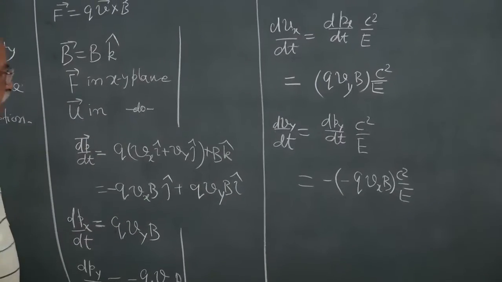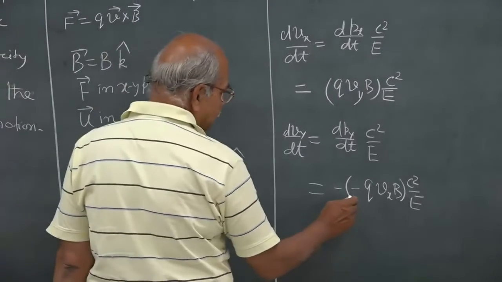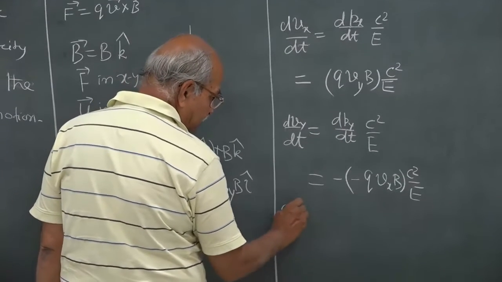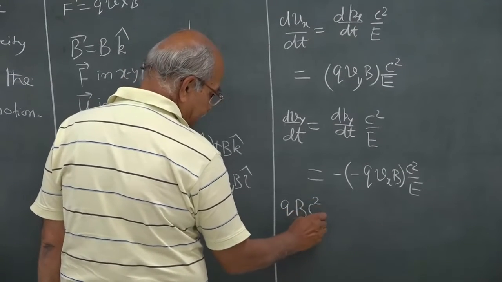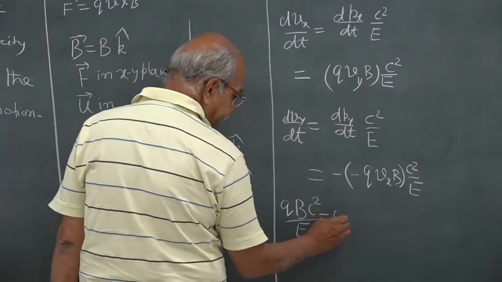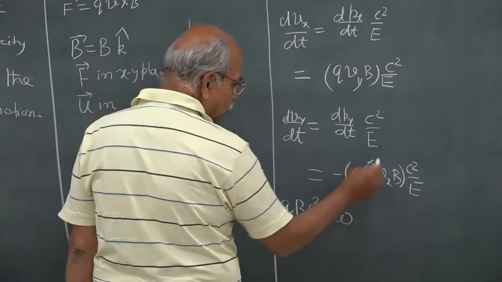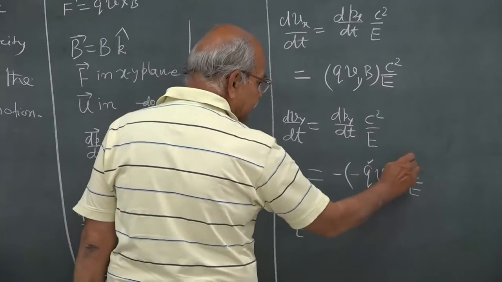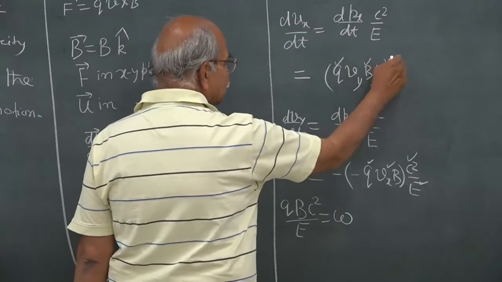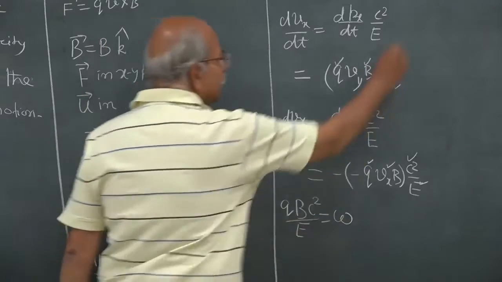So, now I have nice relations. I can write qBc²/E as omega. Same thing here, qBc²/E, I write this as omega.